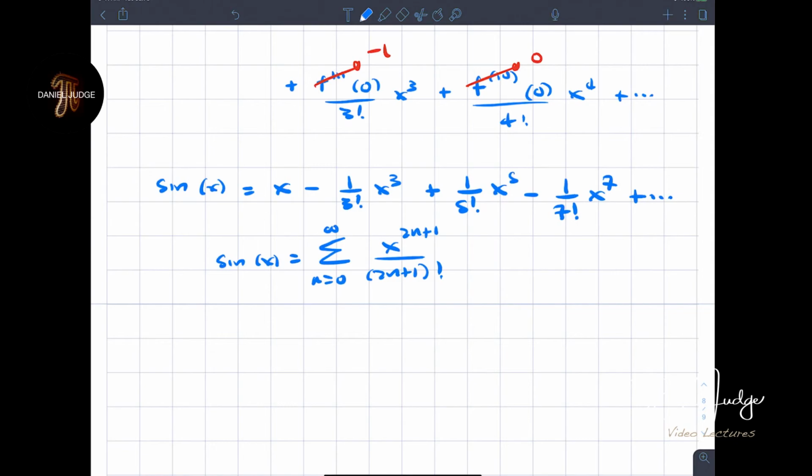And we forgot something, the alternating mechanism, because this alternates: plus, minus, plus, minus. So ladies and gentlemen, here's your power series expansion for sine.